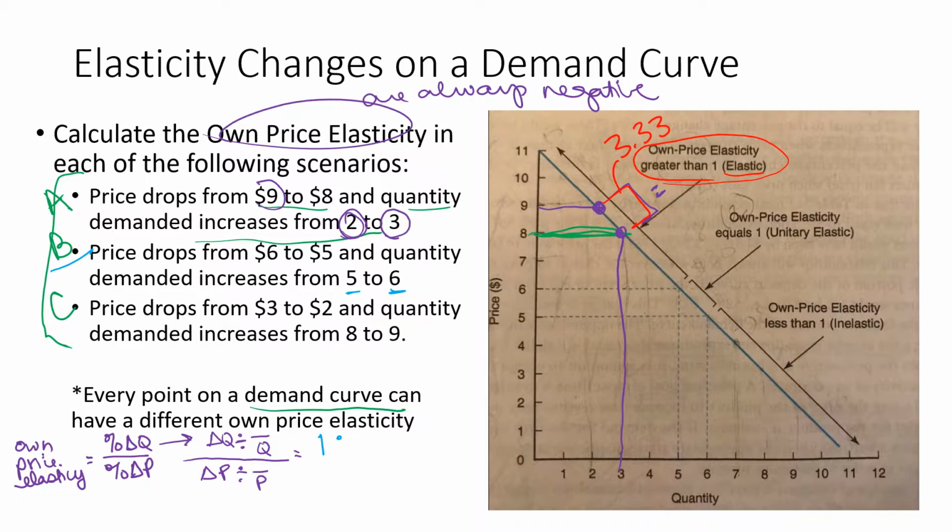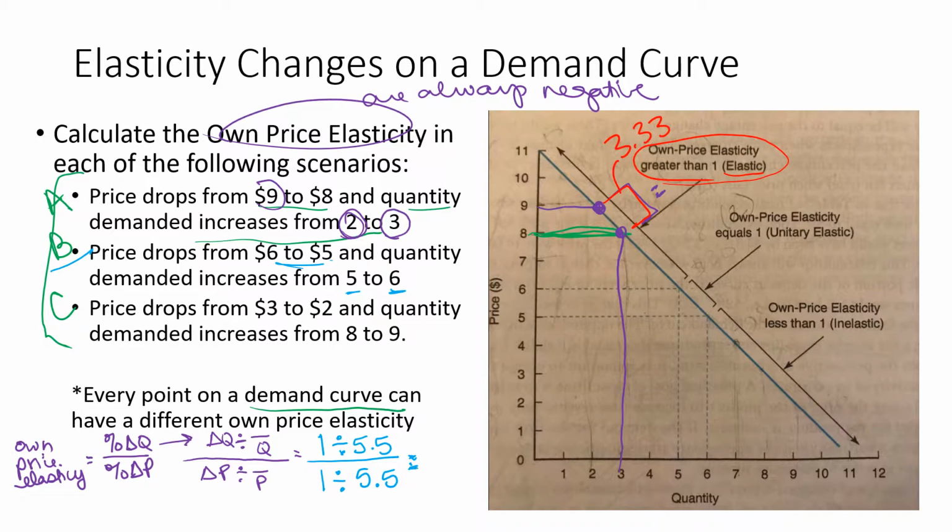So that's 1 divided by the average, which is 5.5, divided by change in price, which is 1 divided by the average of P, which is also 5.5. We can probably already predict what this is going to be, but we'll calculate it out just for fun.